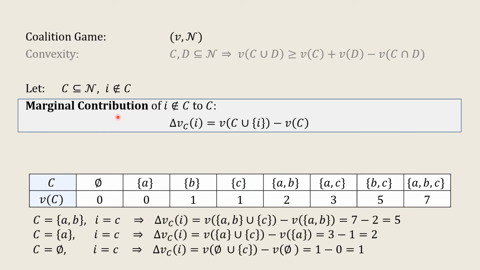Now let's come to the definition of marginal contribution of an agent i to a coalition C not containing i.